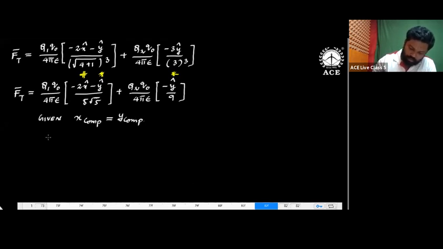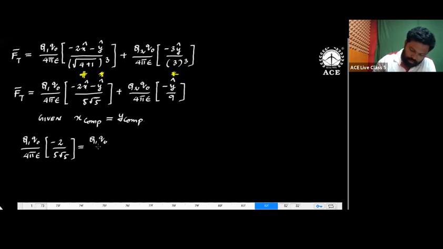So equate. Let me bring the x component on one side: Q1 into Q naught divided by 4 pi epsilon, times minus 2 by 5 root 5, which is equal to the y component. What is the y component?